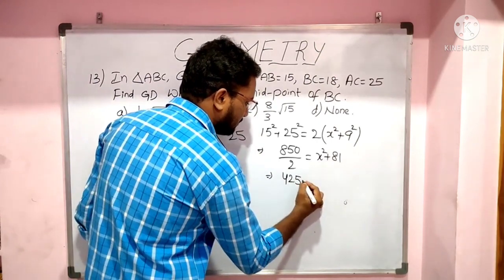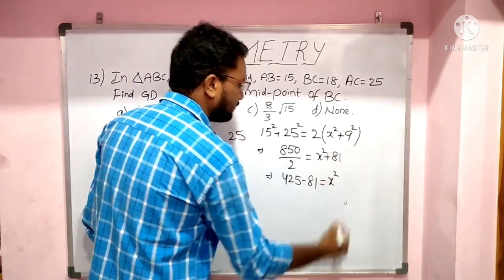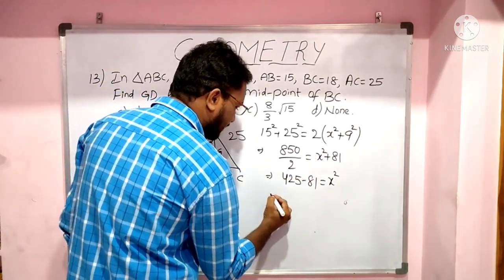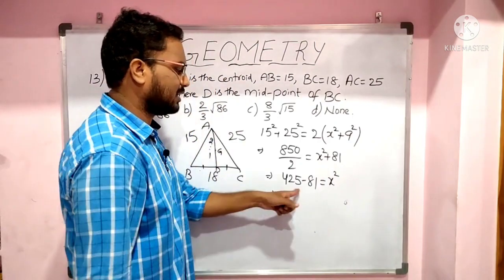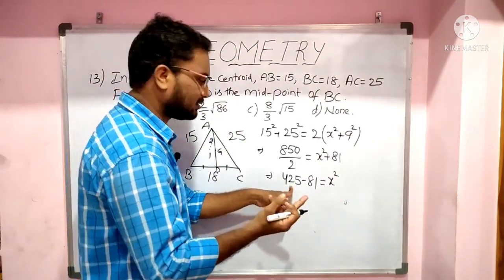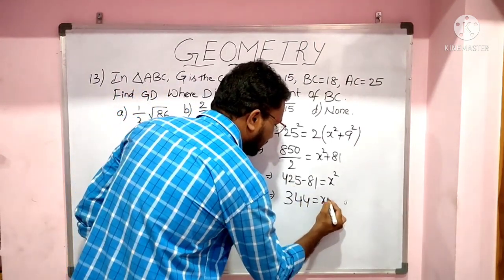Taking 81 to this side, 425 minus 81: subtract 100 and add 19. Subtract 100 gives 325, add 19 gives 344, equal to X square.